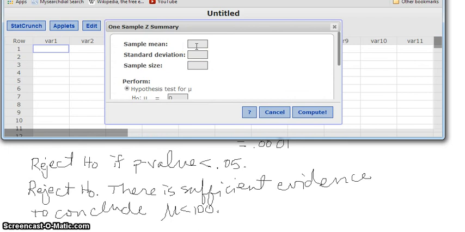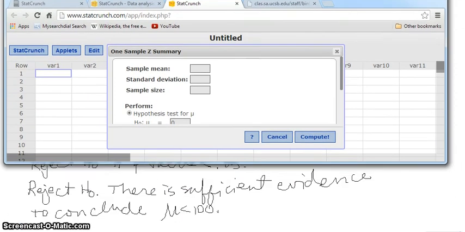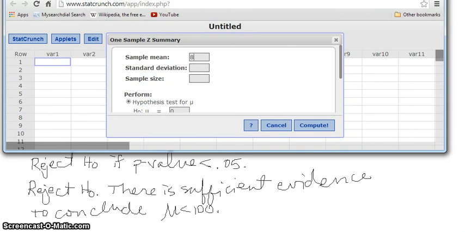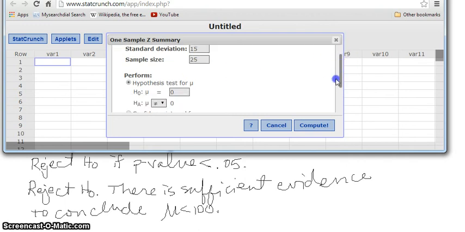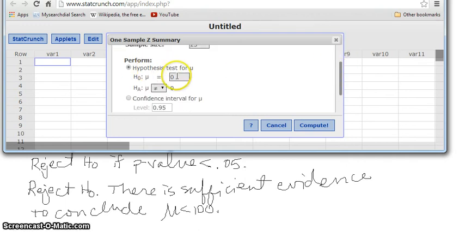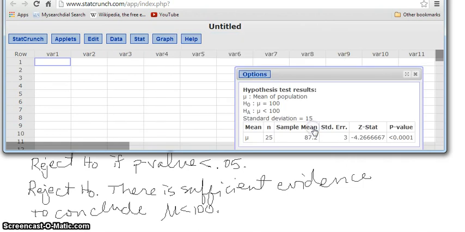Sample mean, I believe we said was 87.2. Let me check. Yep, 87.2. The standard deviation we're using is 15. Sample size is 25. And we're testing mu equals 100 versus mu less than 100. So we change that. We go to compute.